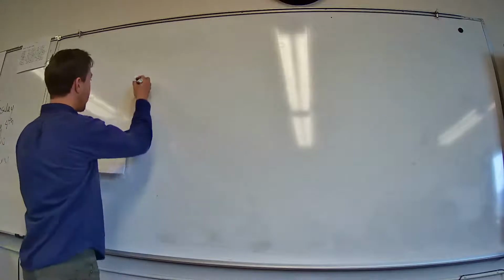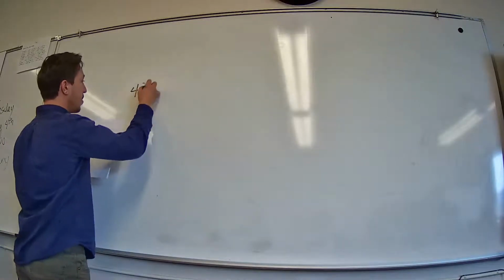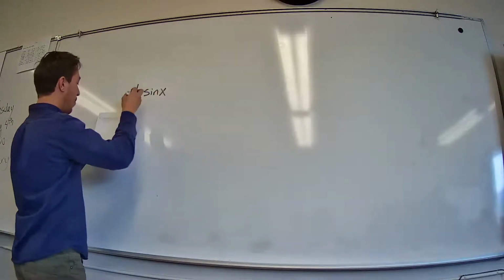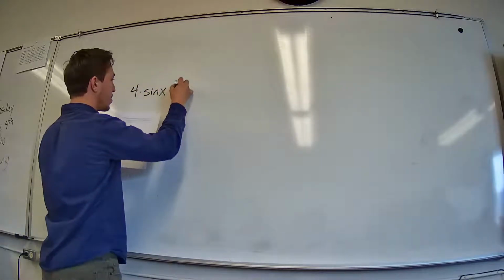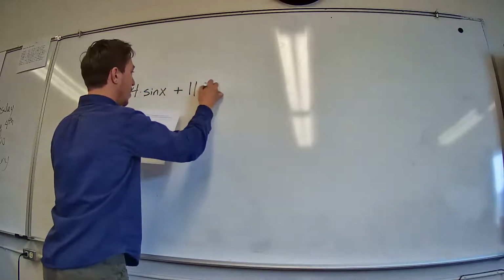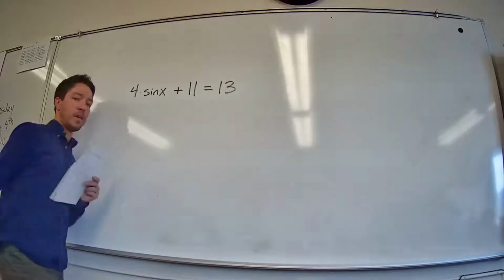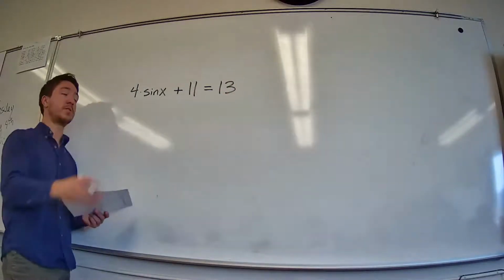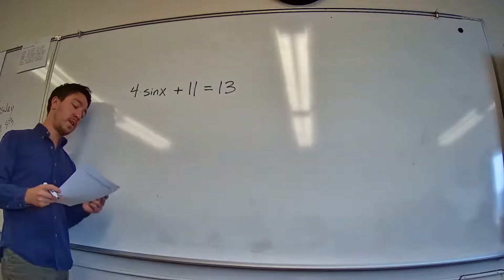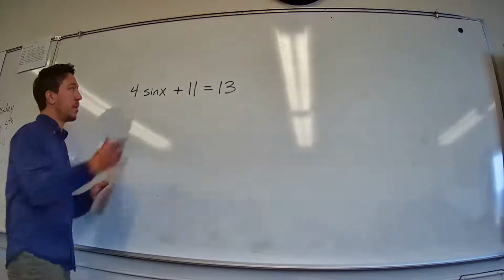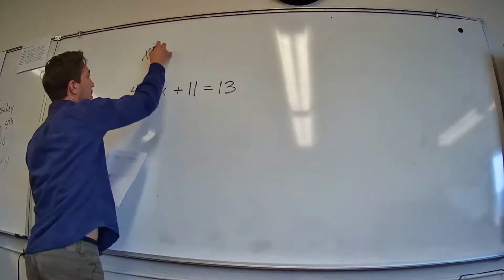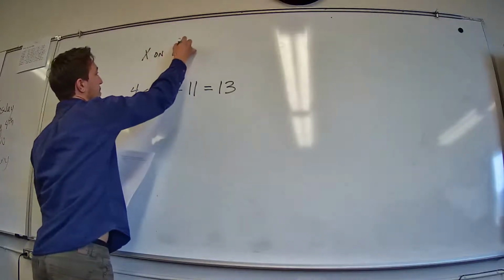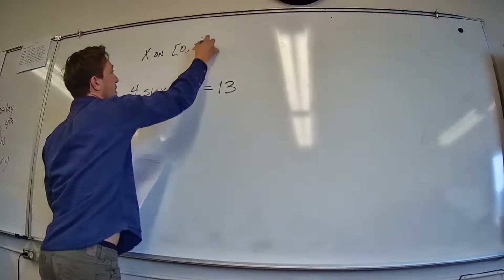I see some of you guys got a little bit of a head start. That's fine. So when you see this equation, 4 multiplied by the sine of x plus 11 equals 13, the question is, is there an x value or multiple x values that make this equation true? Now the question says you're looking for an x value on the interval of numbers from 0 to 2 pi.